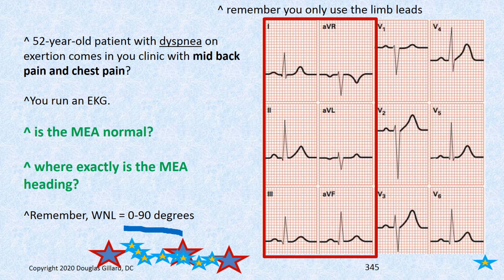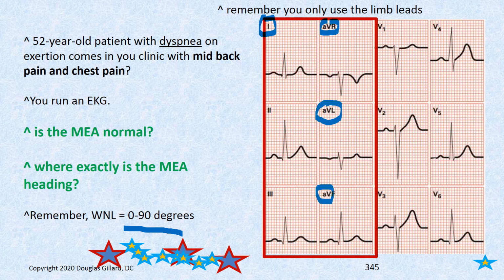Well, you can use those rules for the first question. So limb lead 1, is it positive? Yes. Is lead 2 positive? Yes. Right? QRS complexes are way positive. Is AVR negative? Yes. And then the last box that you have to tick, AVL, is it biphasic? A little bit biphasic at least.